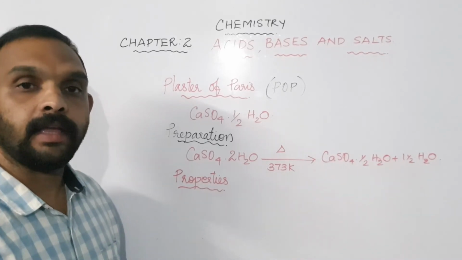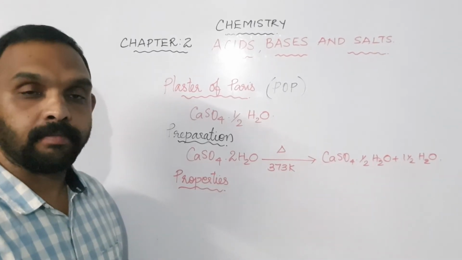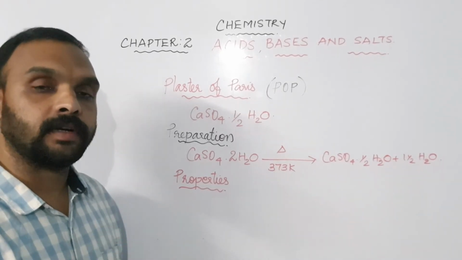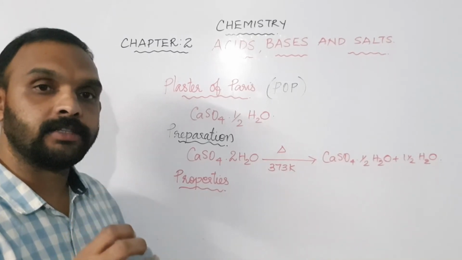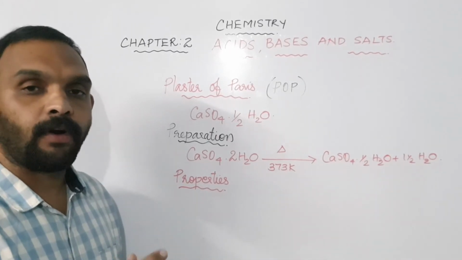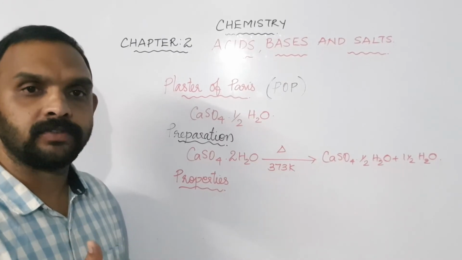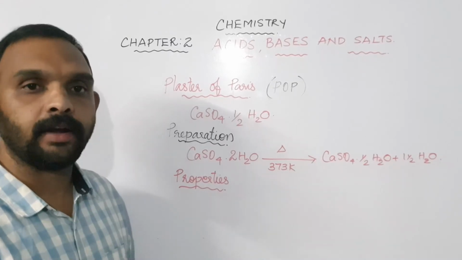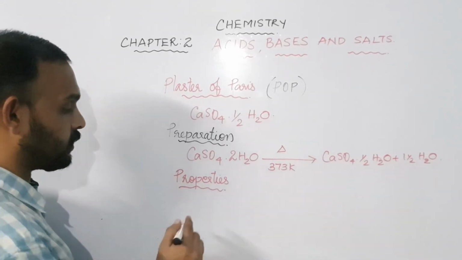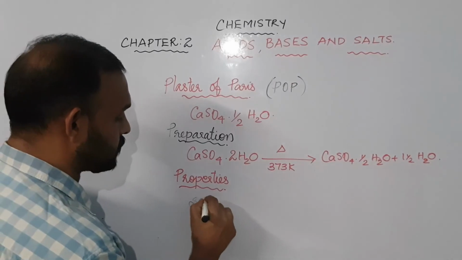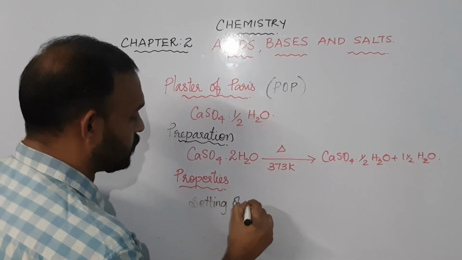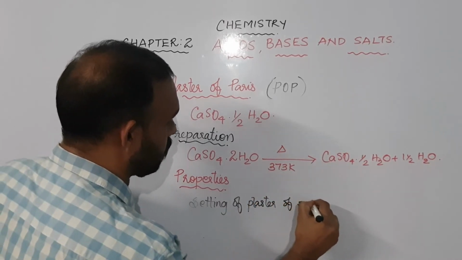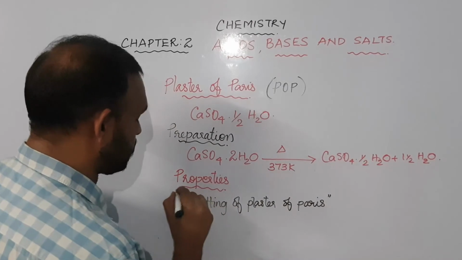The second thing is that it absorbs water from the atmosphere and gets moisture. And the third property is that when it is mixed with water, it will form a paste, and if you leave this paste for some time, it will set into a very hard mass, and that process we call the setting of plaster of Paris.